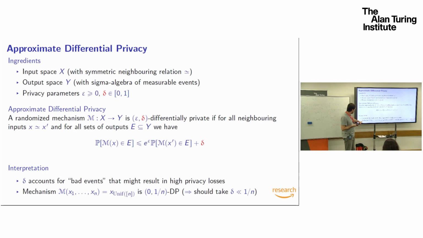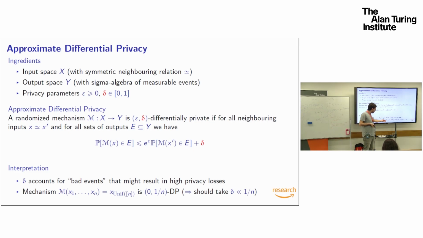So consider this mechanism. I give you the answers, x1 up to xn of some people, and the mechanism takes a uniform number between 1 and n, and outputs the corresponding response. That's obviously not private. Like every time you run it, it's going to reveal somebody's data.